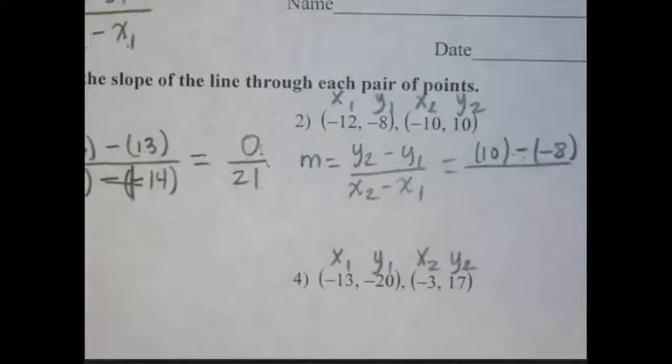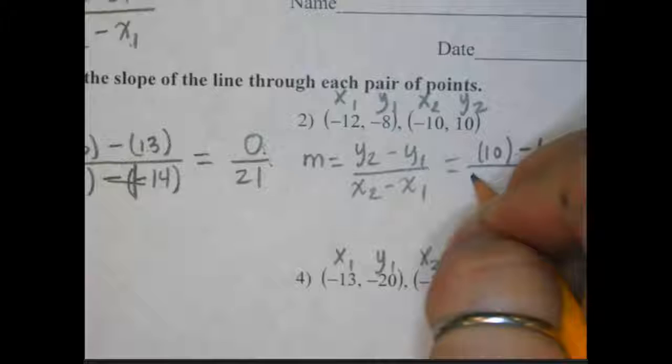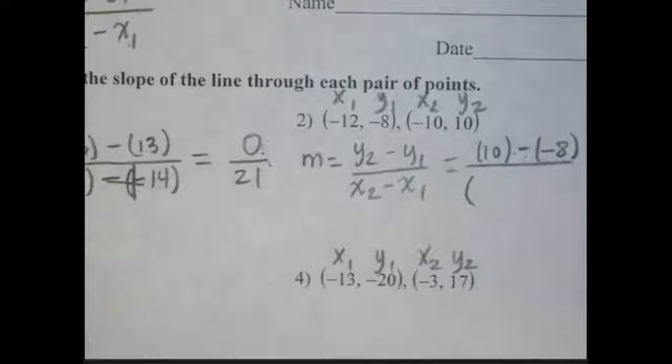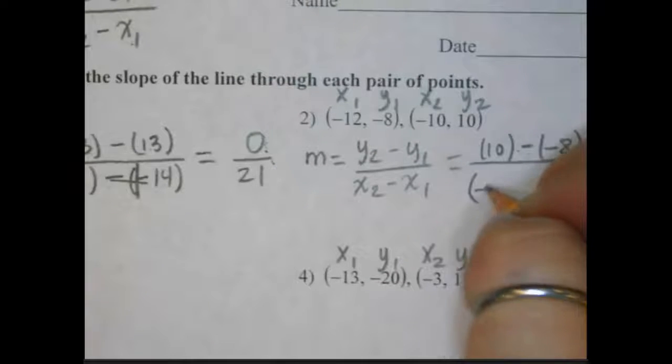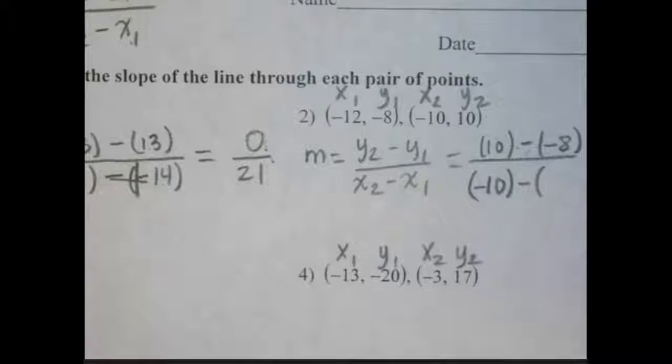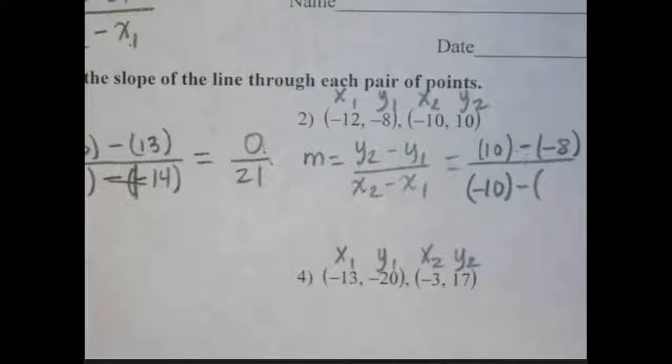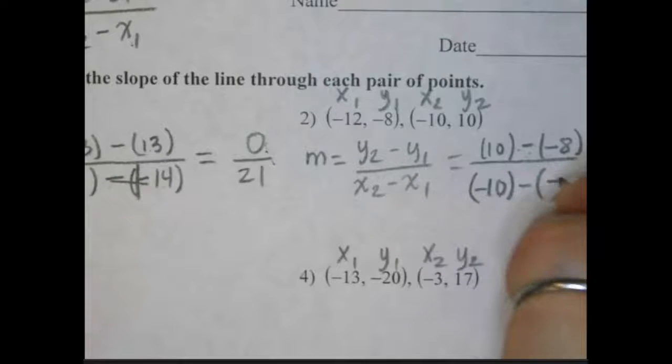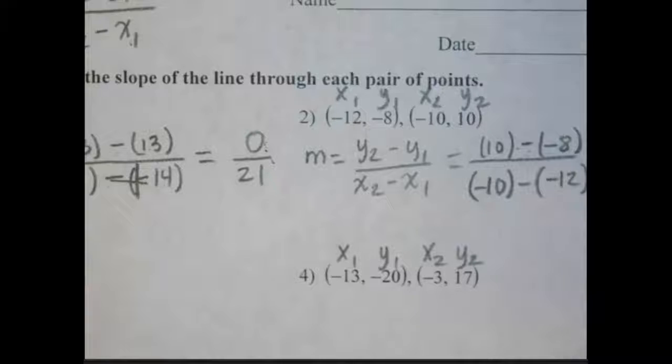What is my value for x2? So in parentheses, I'm going to write negative 10. And what is my value for x1? Negative 12. Okay. So let's go ahead and make our adjustments here.